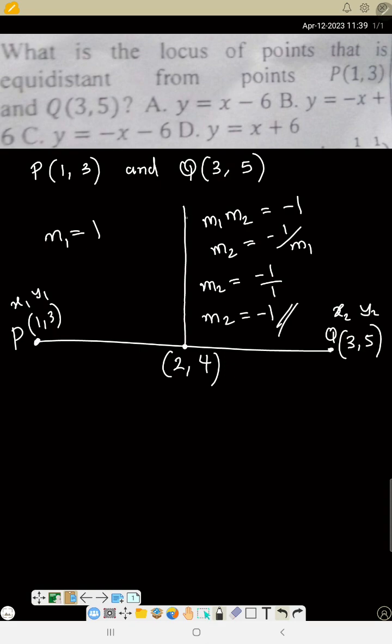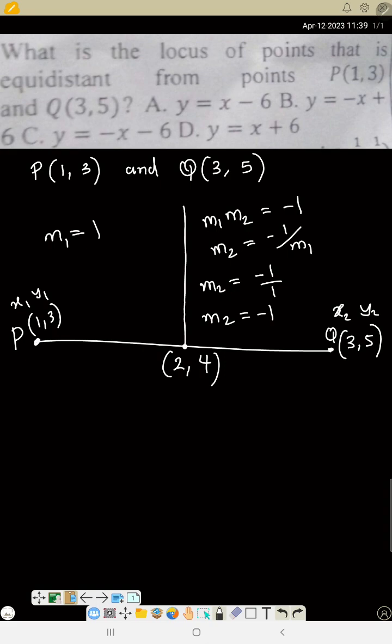That means the gradient of this perpendicular bisector is minus 1. So we are now going to find the equation of this line through this midpoint. That is now our locus of a point that is equidistant from those 2 points, or the equation of this perpendicular bisector.